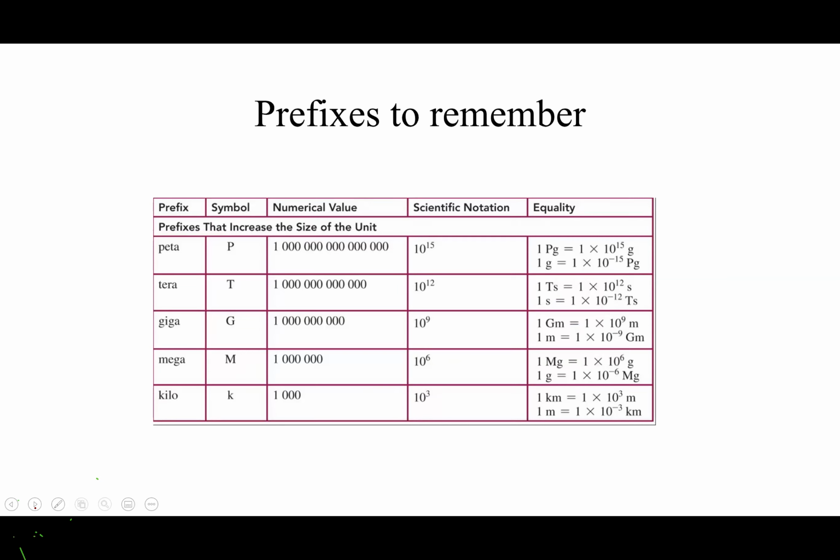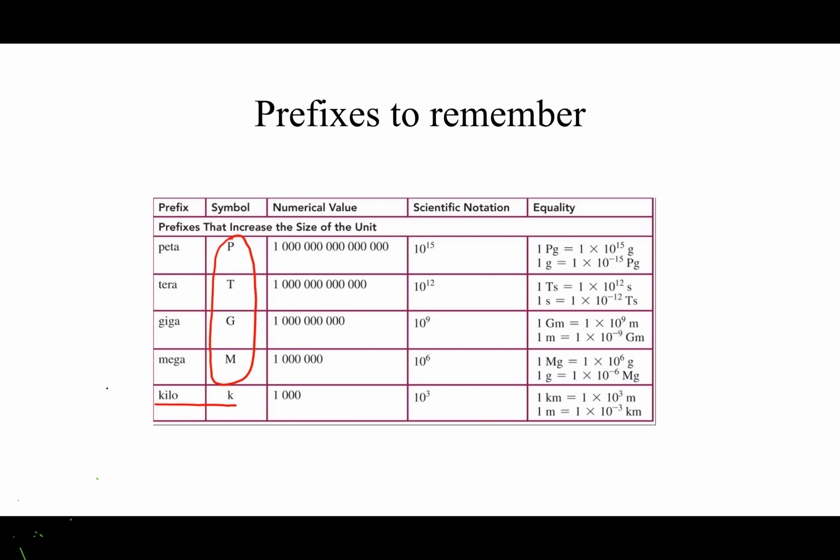In the previous table, every prefix that you know has a small letter symbol and represents a smaller value. This is the opposite. In this case, except for kilo, all of these have a capital letter symbol. It helps you understand that all of these prefixes have a greater value than the original unit.